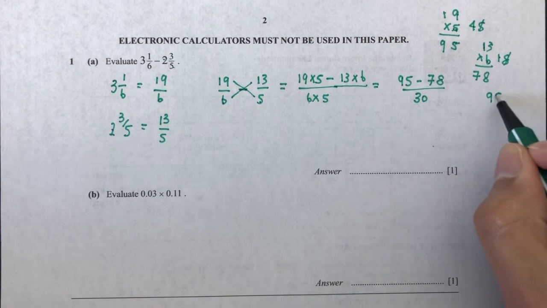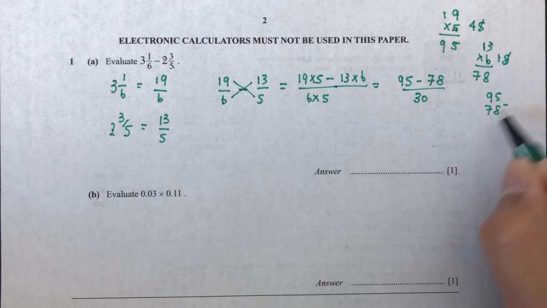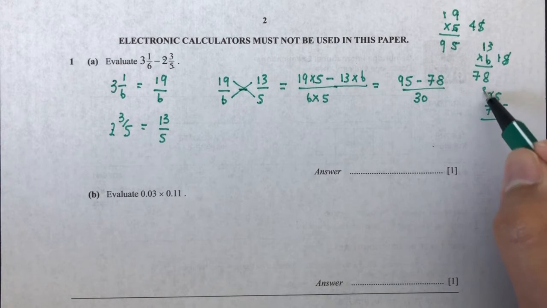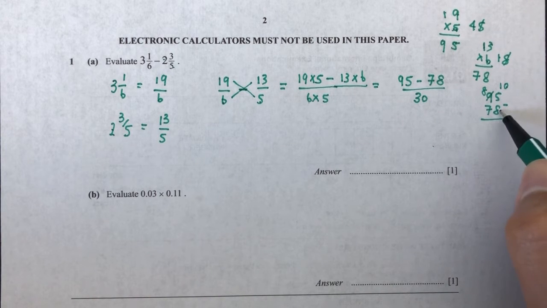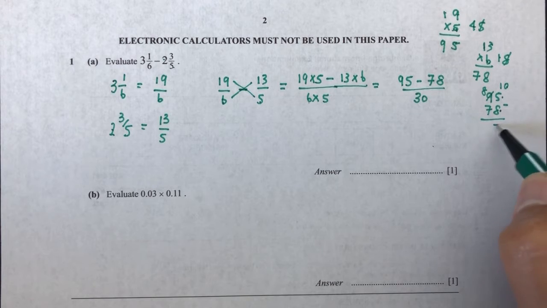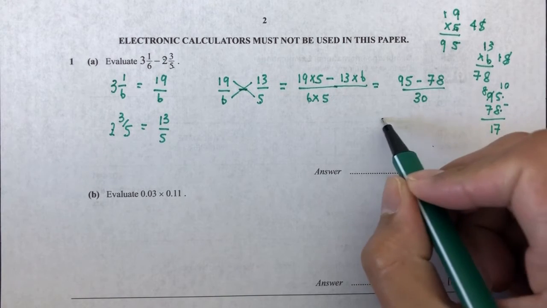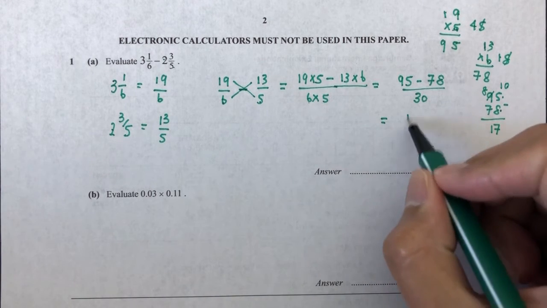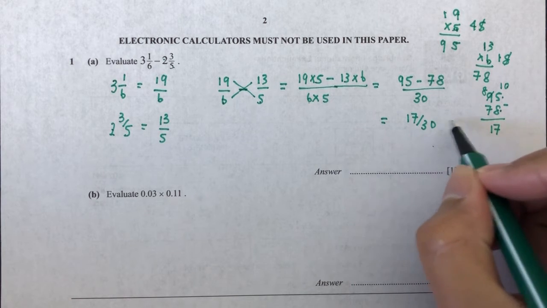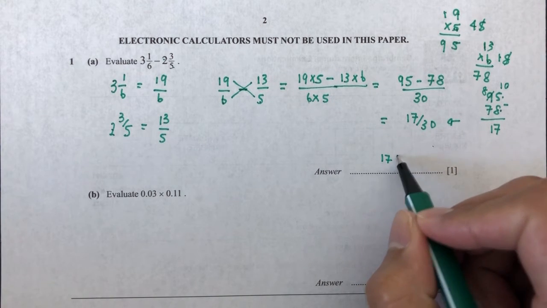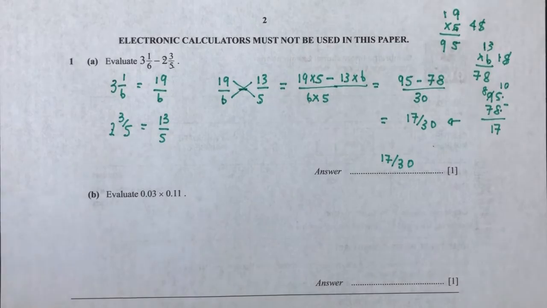Okay, so 95 minus 78 is 17. So your answer for part A will be 17 over 30. Okay, so that is your answer.